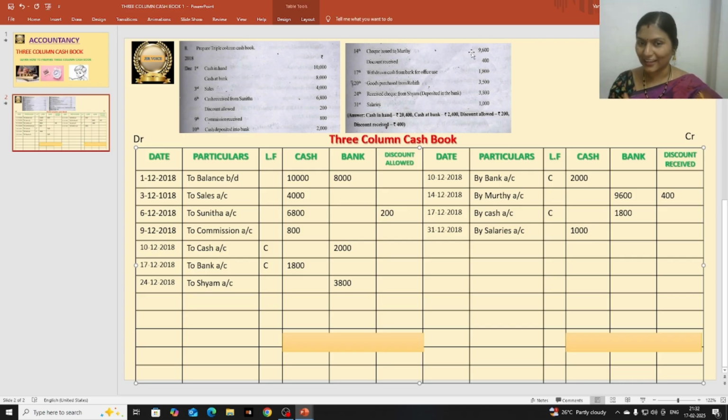Now we are going to balance debit cash with the credit cash. Hope this is clear. The debit side cash total is 23,400. The credit side cash column total is 3,000. Which is more? Debit side cash is more. So the more amount should be recorded on both sides in totals. Always the more amount we should record on both sides in the cash column. For the cash total, on both sides we are going to record the more amount. Let us write that.